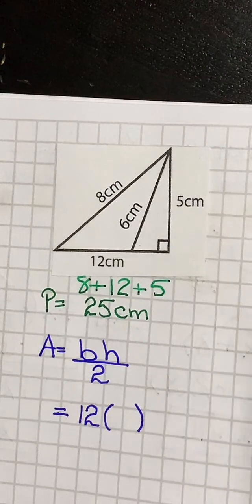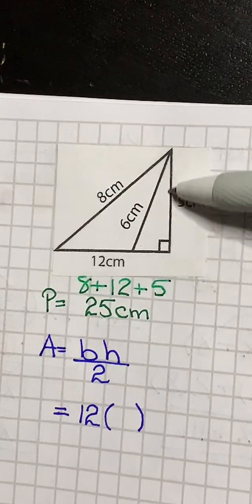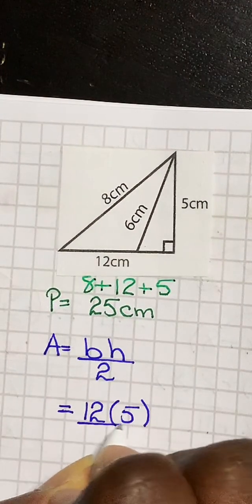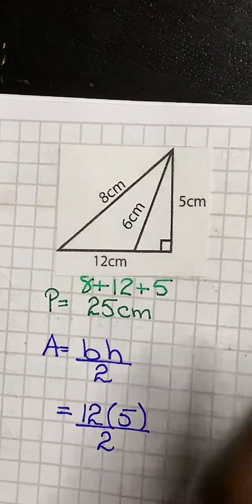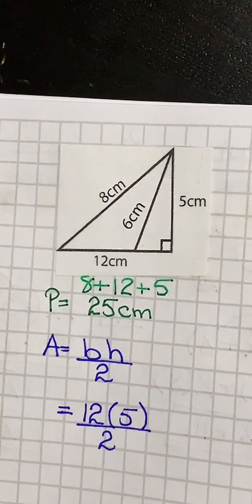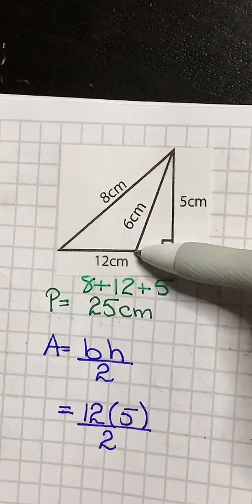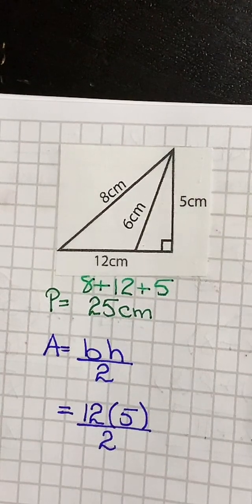But right now, for giggles, we're just going to say this whole thing is 12, and this whole thing is your height, which is 5. And we're going to divide by 2. And you're probably saying, well, Audrey, we didn't do anything with the 6. Exactly. Unless they specify from this point to this point is 12, and we had to find Pythagorean theorem to find that, we can take it to that extent. But I'm going to tell you, GED, they're not going to get that deep. Okay, they're really not going to get that deep.